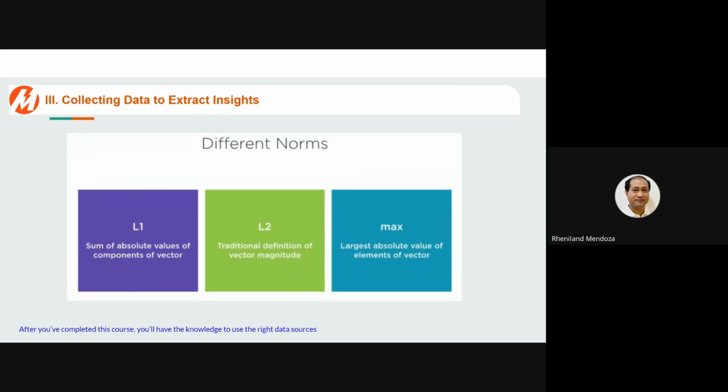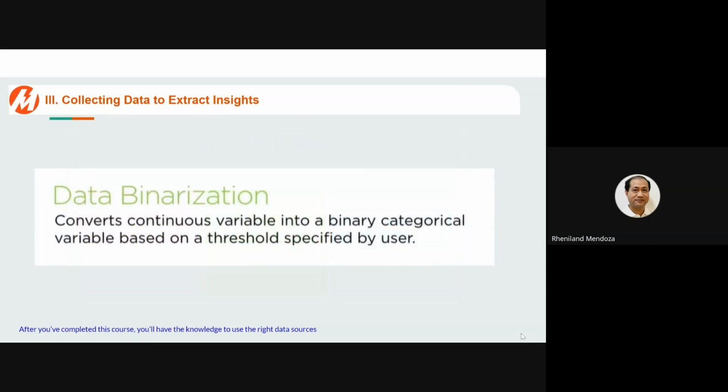This is where the largest absolute value of the elements of a vector is set to 1, and other elements are expressed in terms of this largest value. Now let's go to binning or data binarization.